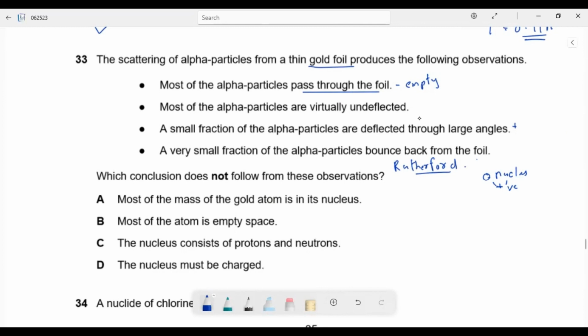It was the initial experiment done by Rutherford. So the presence of the nucleus and the positive charge were identified. Which conclusion does not follow from these observations? It doesn't conclude that the nucleus consists of protons and neutrons.